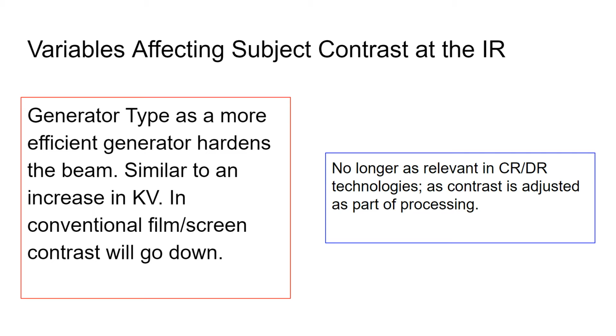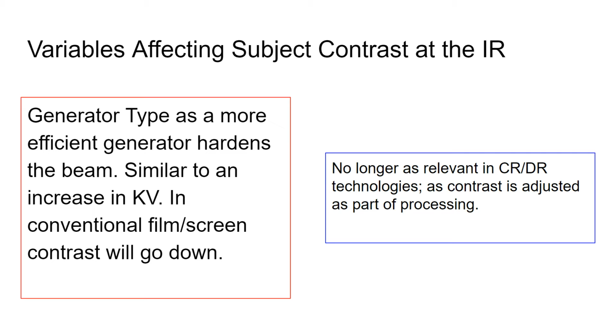The way you want to think about contrast and the generator is, when we say the generator is more efficient, the easy way to think of this, without overcomplicating things, at least for this class, because you have a class about the generator and I don't want to take away from Professor DeVito, is that the kV changes without you actually manipulating it, even though it doesn't really change.